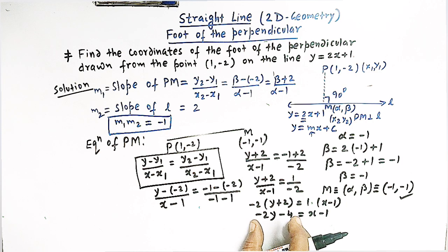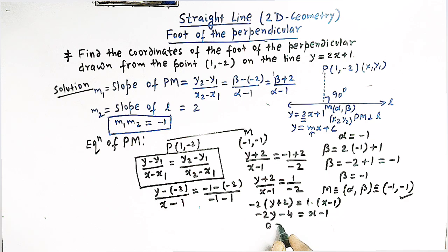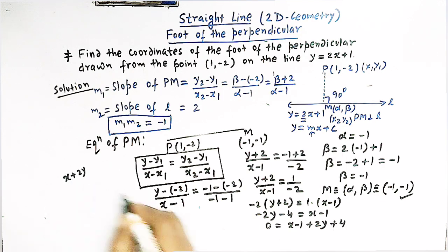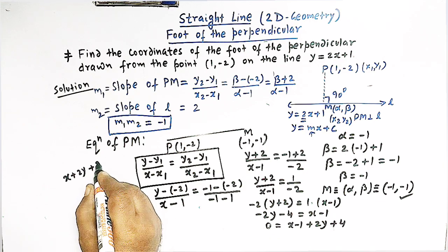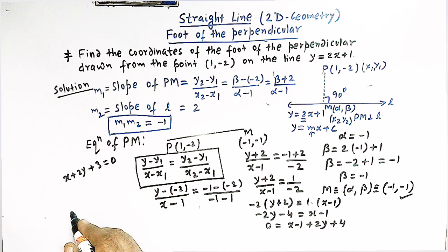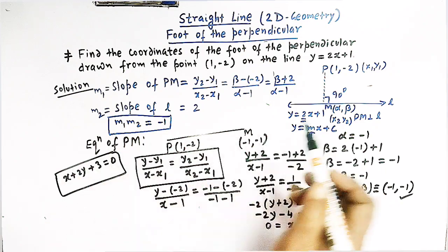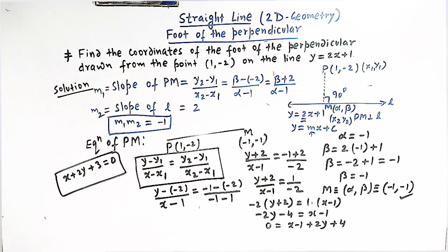So taking all the terms to the right hand side, here we have 0. So we have x minus 1 plus 2y plus 4. So we can now write x plus 2y, and 4 minus 1 is plus 3, and this is equal to 0. So this is the required equation of the perpendicular, that is PM.